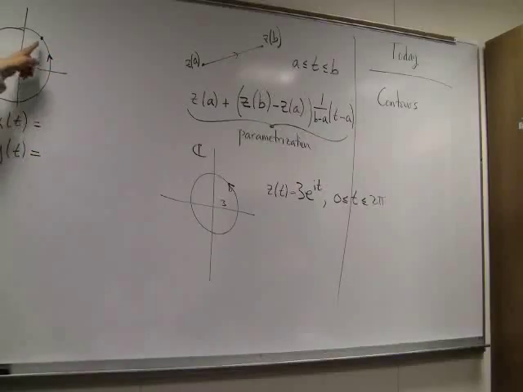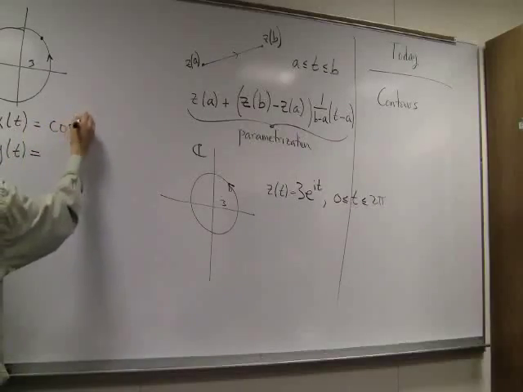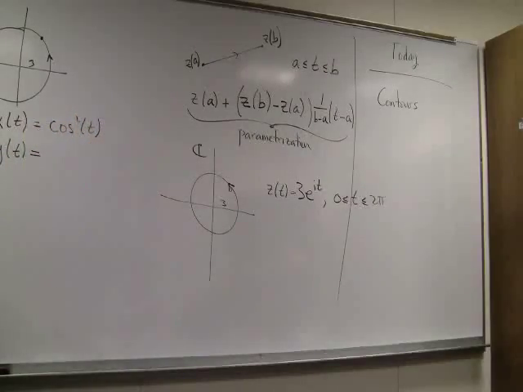What is the x coordinate at time t? Cosine squared of t. So you think it's cosine squared? Let's see. And so this one would be sine squared.